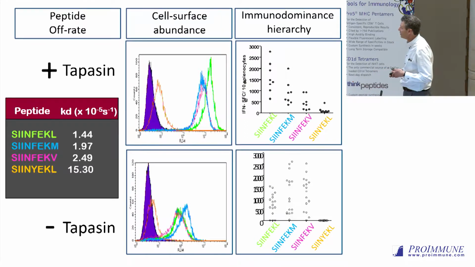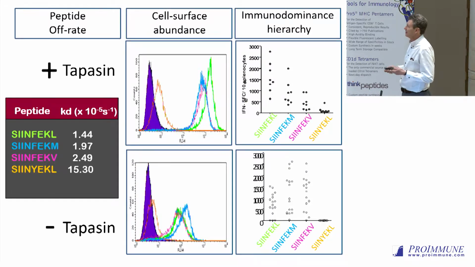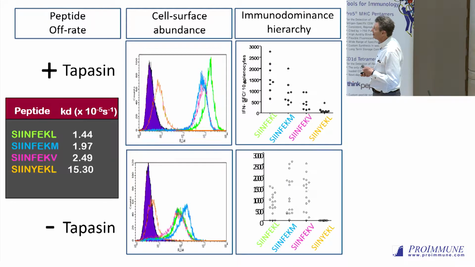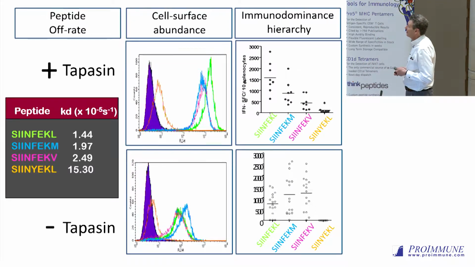And you can see that for this panel of just 4 peptides, which span a spectrum of stabilities from the very slow off-rate peptide through to a very fast off-rate peptide, and they're all related, but we've fiddled around with the sequence to affect peptide binding stability.